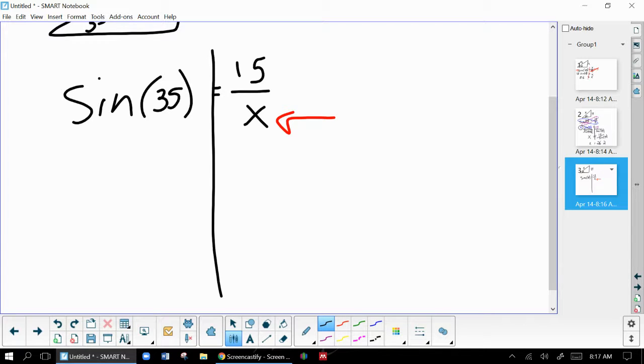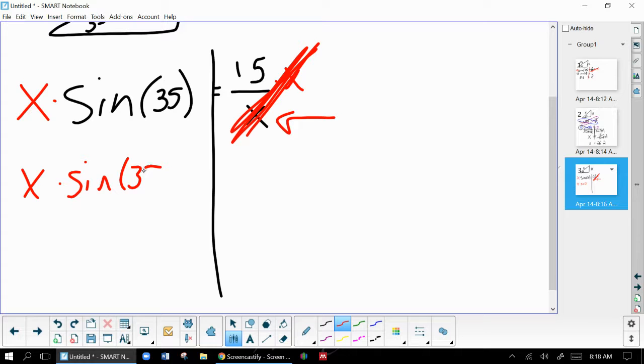So the way we're going to fix that is we are going to multiply by x. That kind of seems like a strange thing to do, but what it does do is it cancels out this x on this side. And since we multiplied by x on the other side, now we have x times sine of 35. So the x is now in the numerator. There's no denominators to deal with.